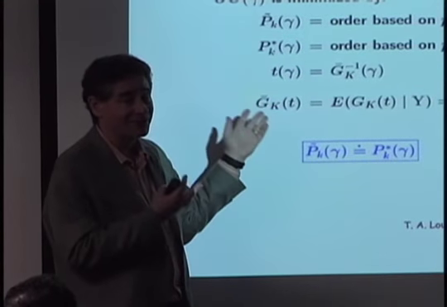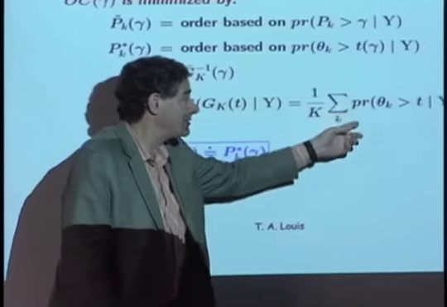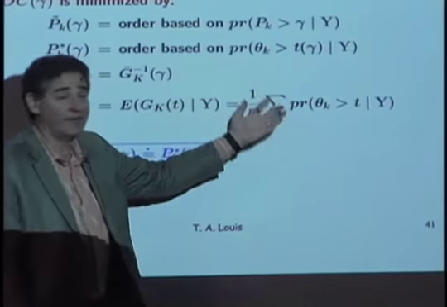If you're in a more mathematical statistics world where you don't have to do MCMC, you're just taking all of these posterior distributions and averaging them.